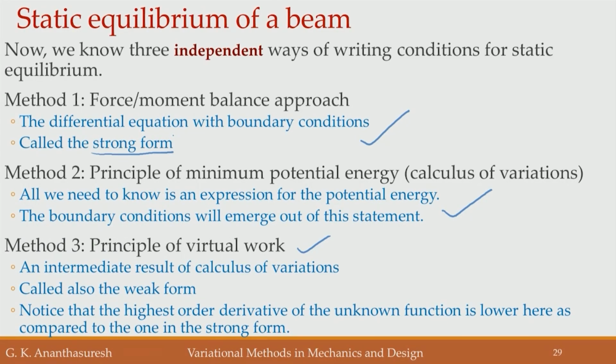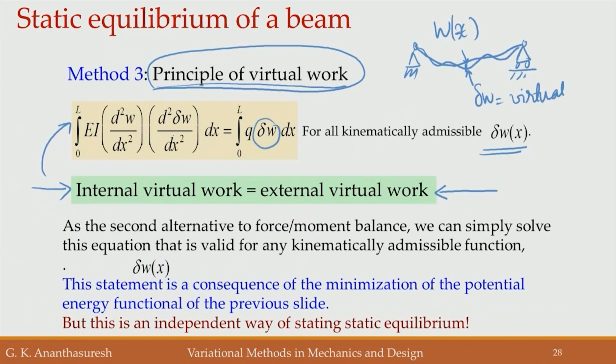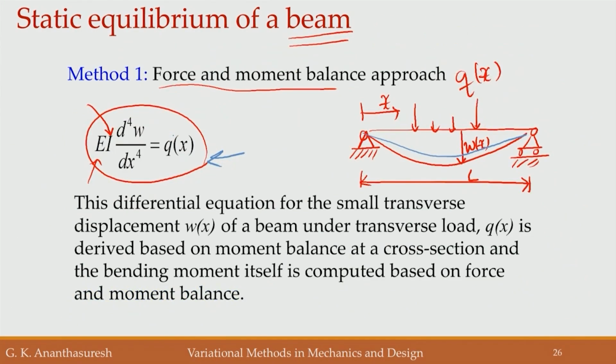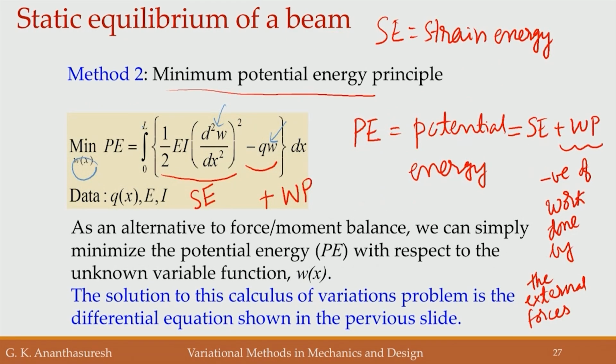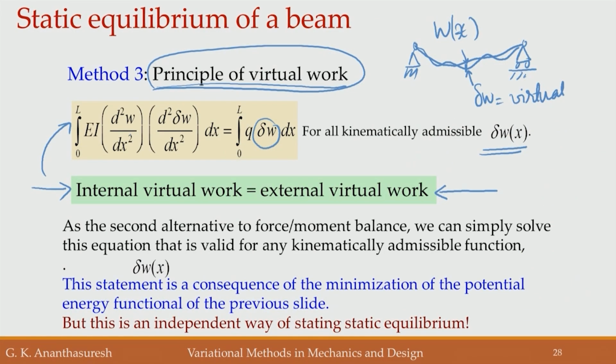In the case of a beam, if you recall, let us go back a few slides. You look at this W over here, we are taking 4 derivatives due to the d^4 W by dx^4. That means that this W has to be differentiable 4 times. Whereas, if you look at the potential energy, you have only d^2 W by dx^2, only twice, and if you look at the third method, that is also only twice.